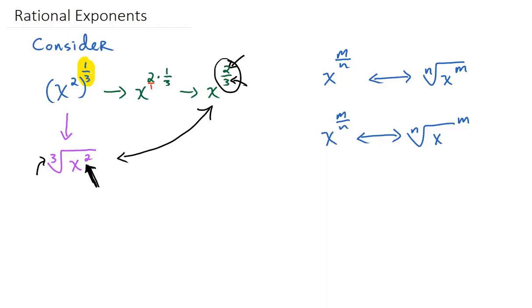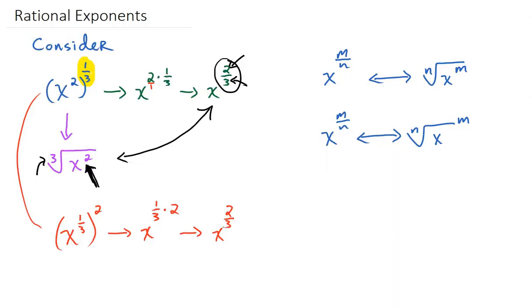And the reason we can do that is, if I had a similar example of x to the 1/3 and then squared it, my multiplication would still give me the same result because order with multiplication doesn't matter. So I'm still going to get x to the 2/3. So it really doesn't matter if I consider the radical and then put the exponent outside or inside.